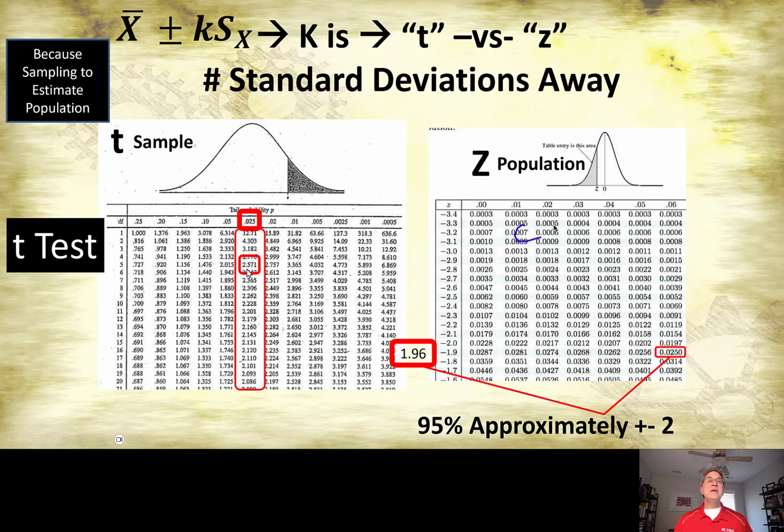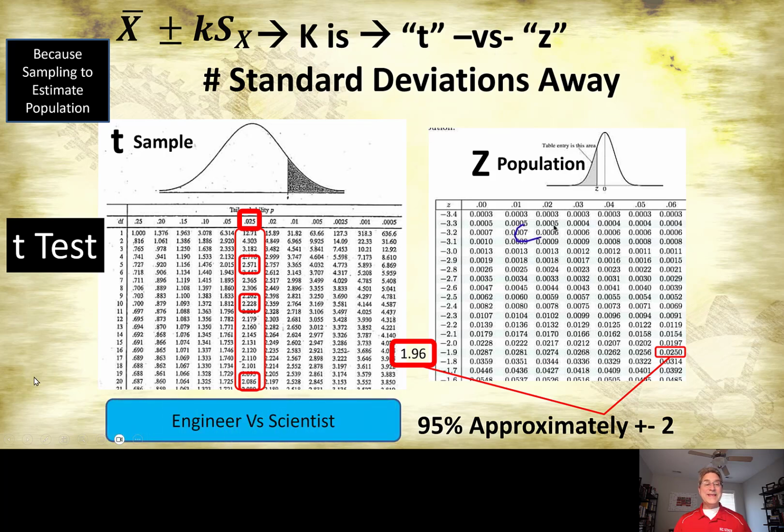So over here in the t world, if I had 5 samples, I would multiply it by 2.5 if I was doing a 95% interval. If I had 10 samples, I'd multiply by 2.28. If I had 20 samples, I'd multiply by 2.086. Again, you're not going to be doing that multiplying. The t-test, that's going to be done for you.